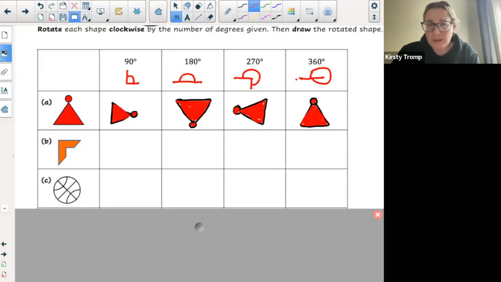Brianna, do you have a question for me? Ma'am, must our drawing be on scale, ma'am? So, Brianna, if they're giving you little blocks to do it in, and we're going to do it with blocks just now, then yes, we'll have to do it in scale. But if they're just giving you the picture to redraw and they haven't said to draw it in scale, then no. Okay, ma'am, thank you. You're welcome, Brianna.